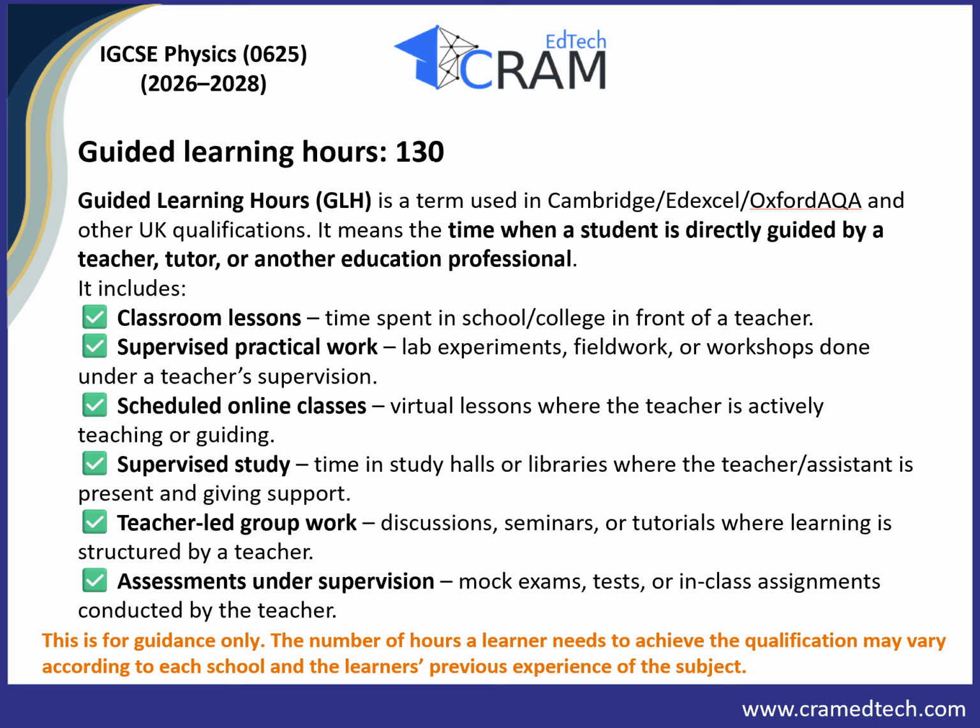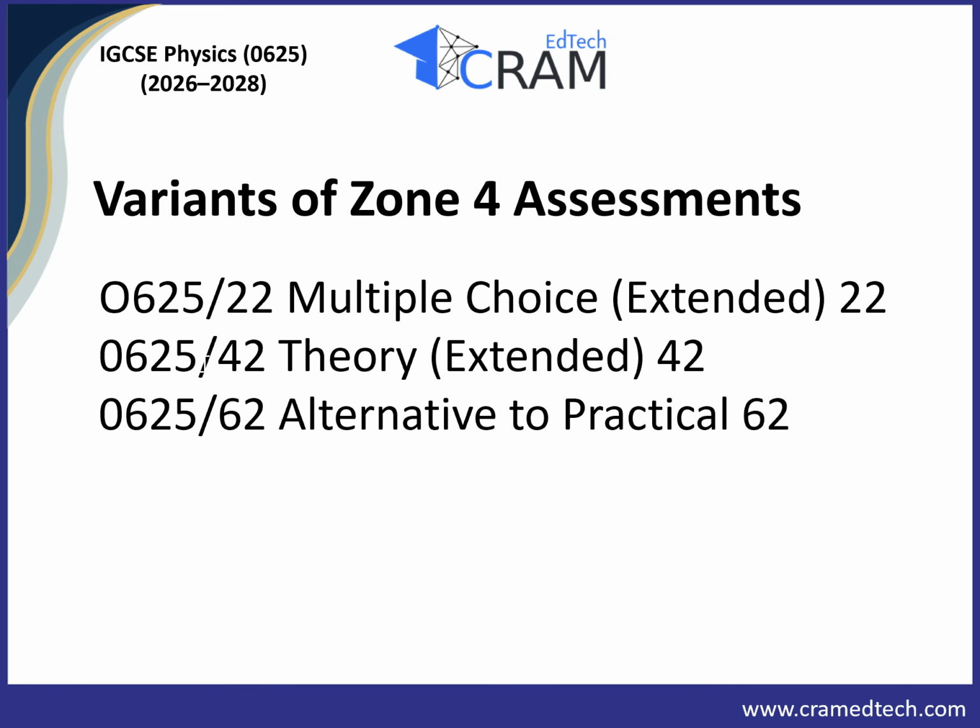It depends upon the learner. Maybe the learner needs 140, 145, or the learner needs only 120. It depends upon the background of the learner, his previous knowledge, and opportunities to learn inside the classrooms. Now, you can see over here the variants of the zone 4 assessments.